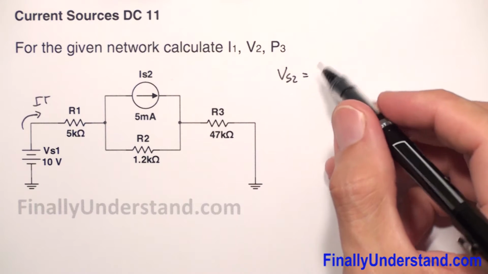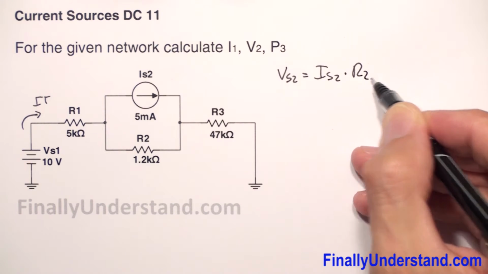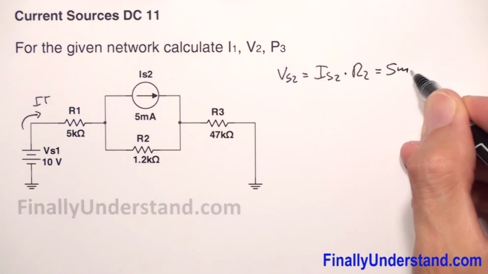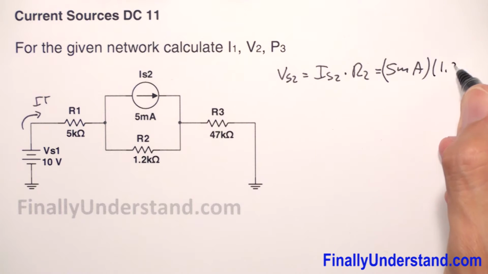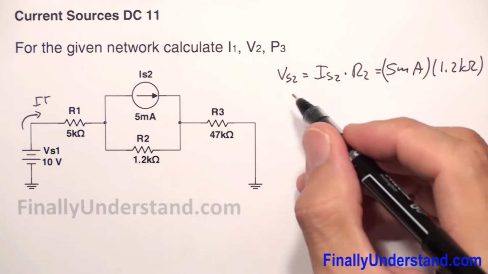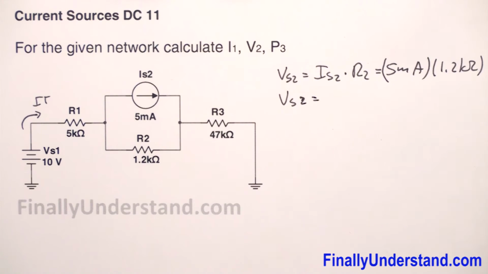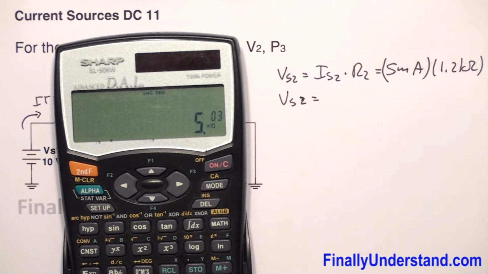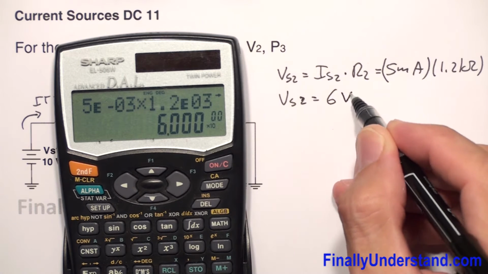Voltage source 2 is equal to I source 2 times R2, where I source 2 is equal to 5 milliamps times R2, 1.2 kilo ohms. So voltage source 2 is equal to 5 exponent negative 3 times 1.2 exponent 3. This is equal to 6 volts.